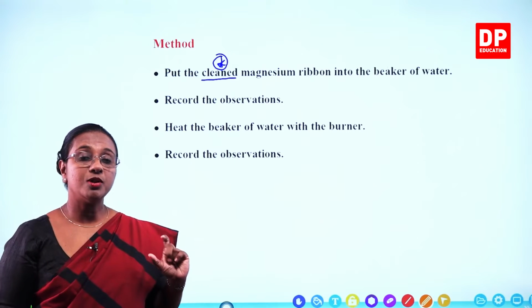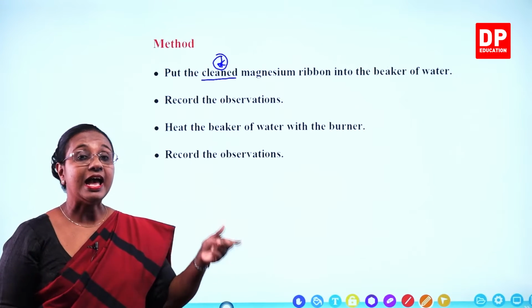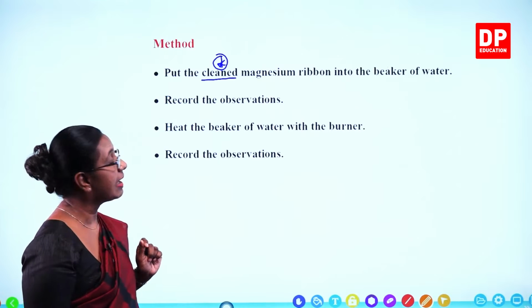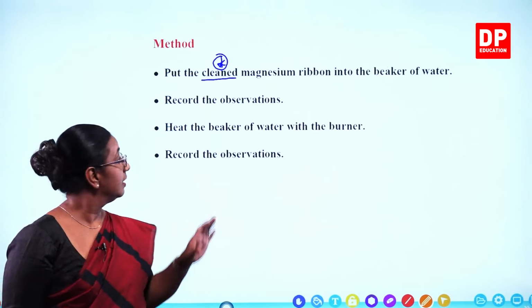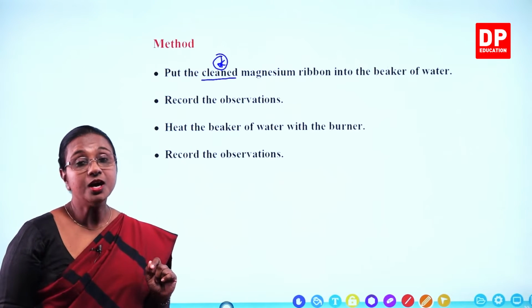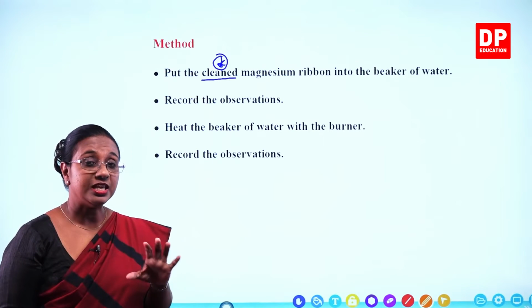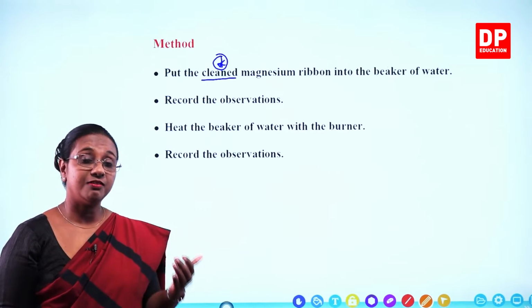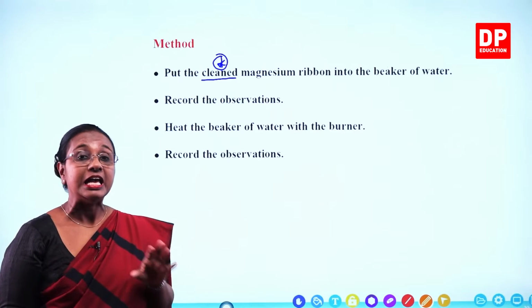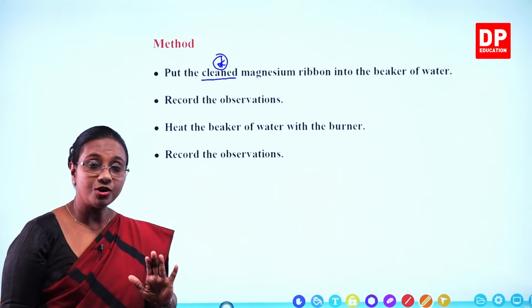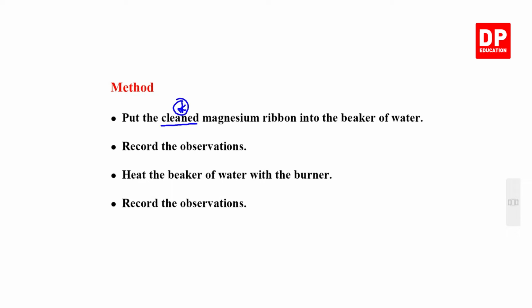So you take a small beaker, take water into it, and into that you put the clean magnesium ribbon. And you need to record the observation. You need to observe it for some time to see whether it reacts, and if it reacts, how it reacts. Whether it reacts or not, what we do is we heat the beaker of water with the burner.